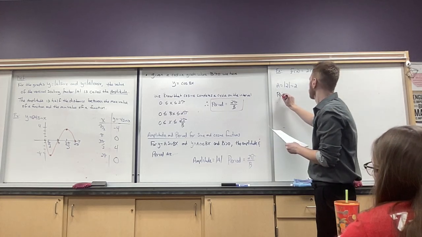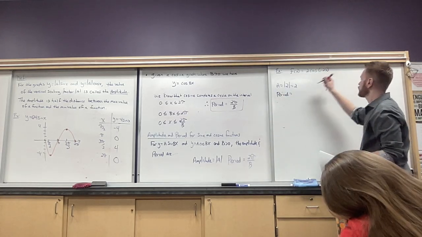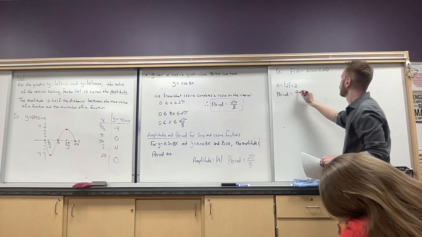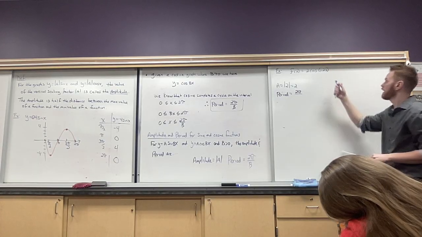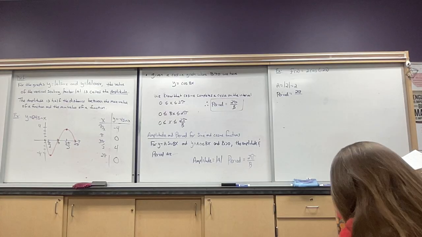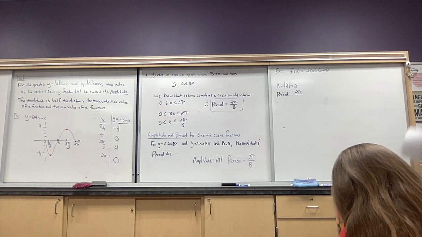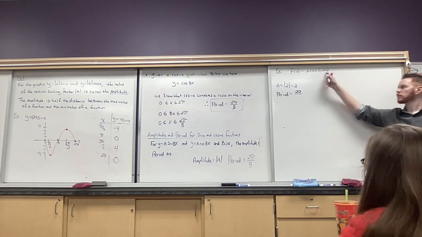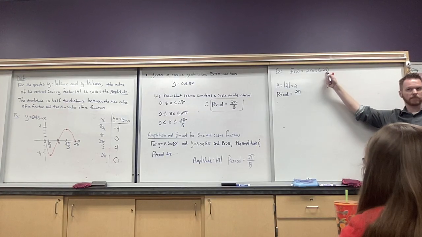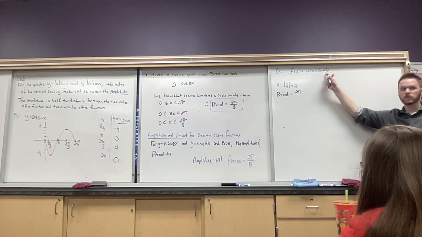All right, the period. We're going to take 2 pi and divide it by our b value. Now, looking at this, I have a negative out in front, right? Does that affect cosine? It doesn't. If you remember from the prior lesson, because of its properties, cosine of a negative angle is the same thing as cosine of its positive angle.